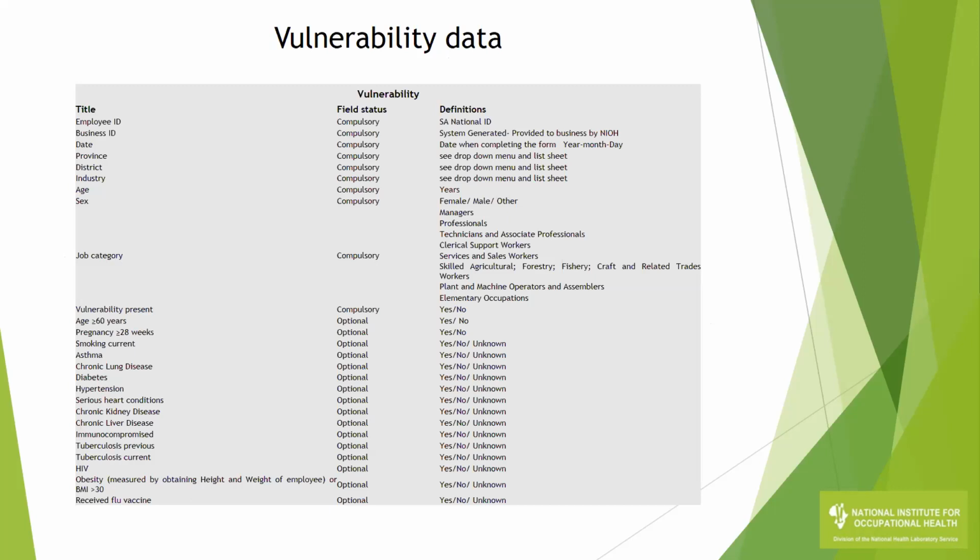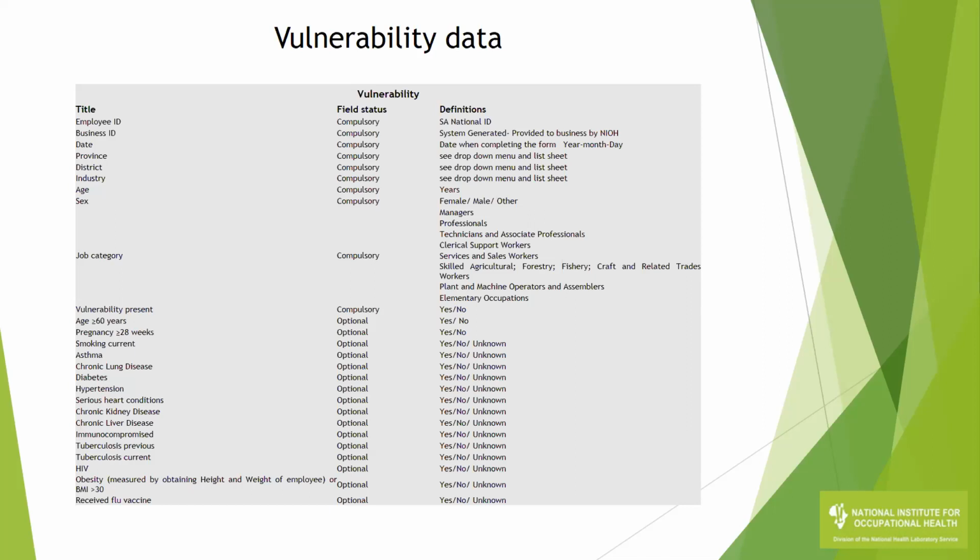Okay, so this is the type of data that we collect on our vulnerability template. The employee ID number or passport number is important because we have to report these cases to the Department of Labor.